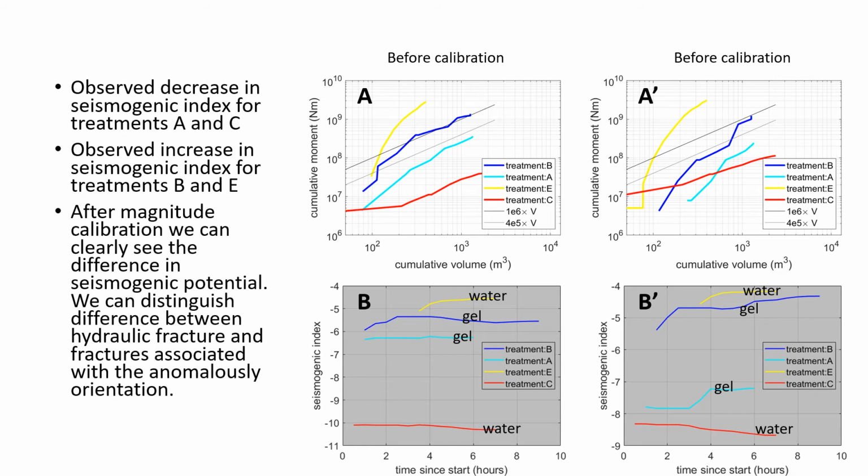The seismogenic index and b-value can be used to predict the number of events within a specific magnitude range.